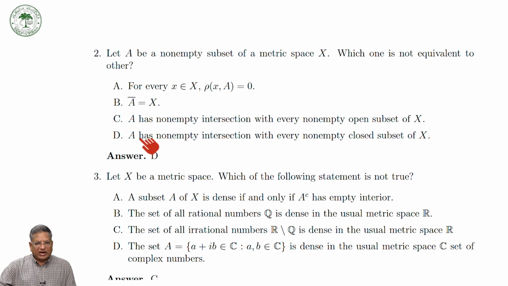So these three are equivalent, as we have seen in an exercise, where you can prove it as a characterization. But the last one is not equivalent to the rest of the three. So the answer is D.